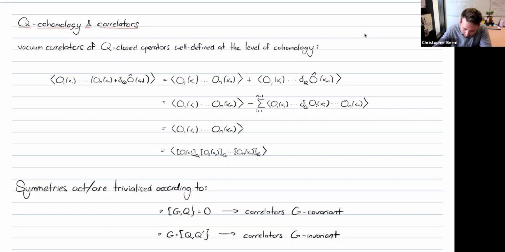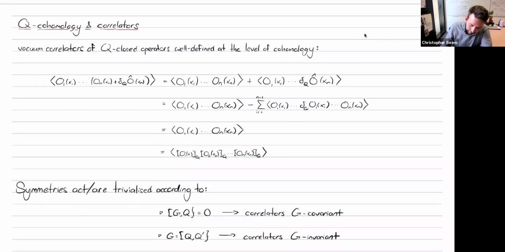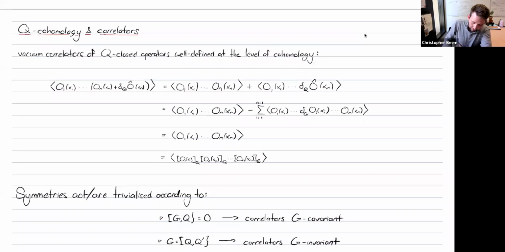So the operation of forming correlation functions survives this quotient to cohomology. And this is, again, just a few line derivation. You just think of it as taking a given operator, which is Q closed, and changing which representative of its Q cohomology class you have in your correlation function.